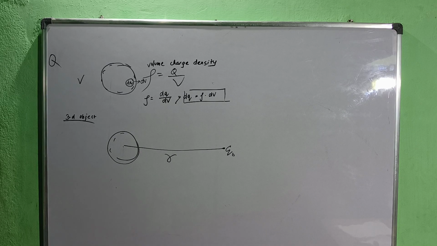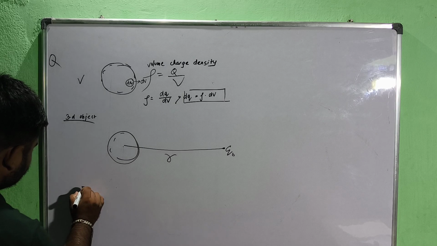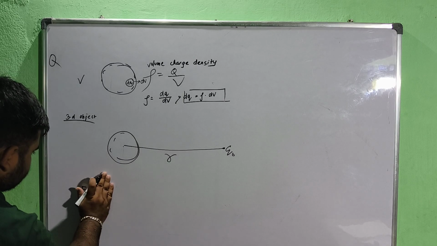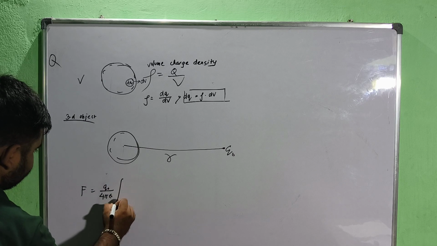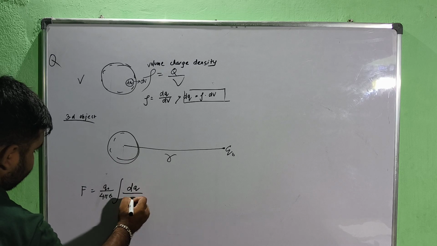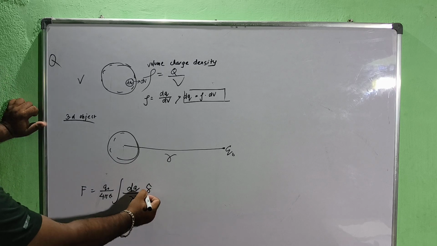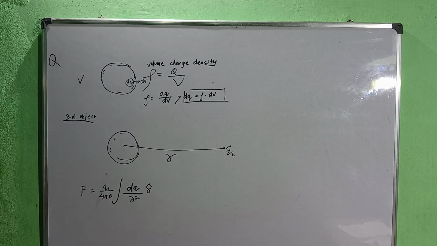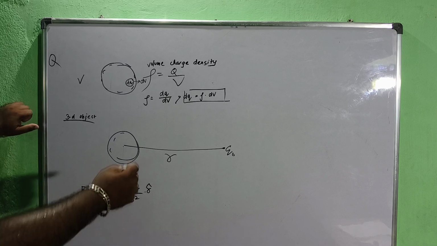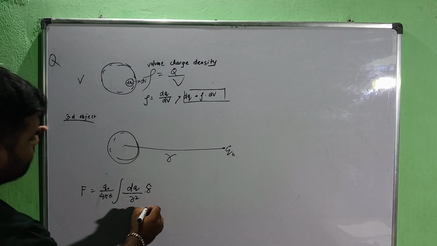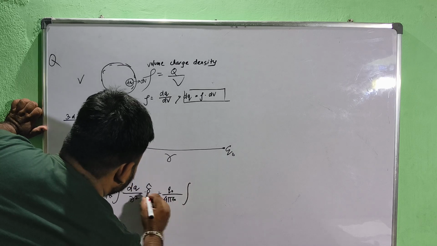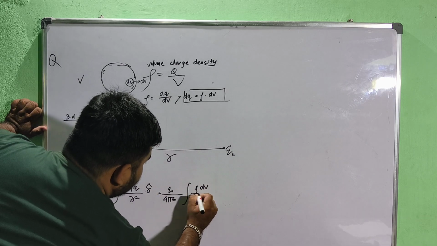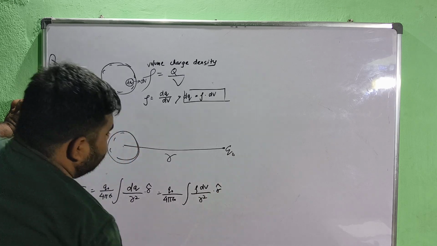As we know from continuous charge distribution, F is equal to q naught by 4 pi epsilon naught, integration over dq by r squared r cap. What should be the dq? From this point we have derived the value of dq. So we'll write q naught by 4 pi epsilon naught integration over rho dV by r squared r cap.